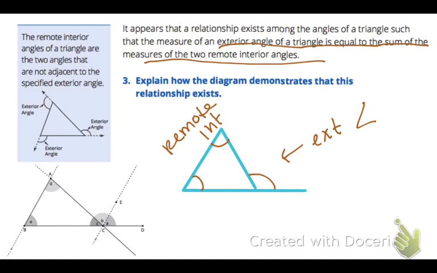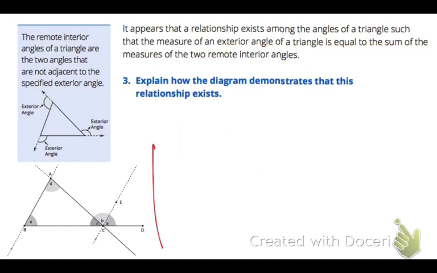So now they're asking us, how is that relationship expressed here on this diagram? So on number 2, you should have been able to prove to me that angle A was congruent to angle E, that angle B was congruent to angle D, and obviously, angle C is congruent to itself because of the reflexive property. Angle C is equal to angle C.